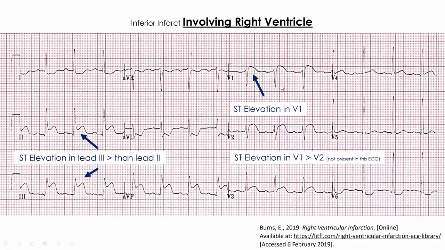And really, any ST elevation in V1, seeing as it is placed on the right side of the sternum, should always make you suspect right ventricular involvement. Now I will point out that in this ECG, the ST elevation in V2 is greater than V1. But if it had been greater in V1 than V2, that would be a classic sign of right ventricular involvement.